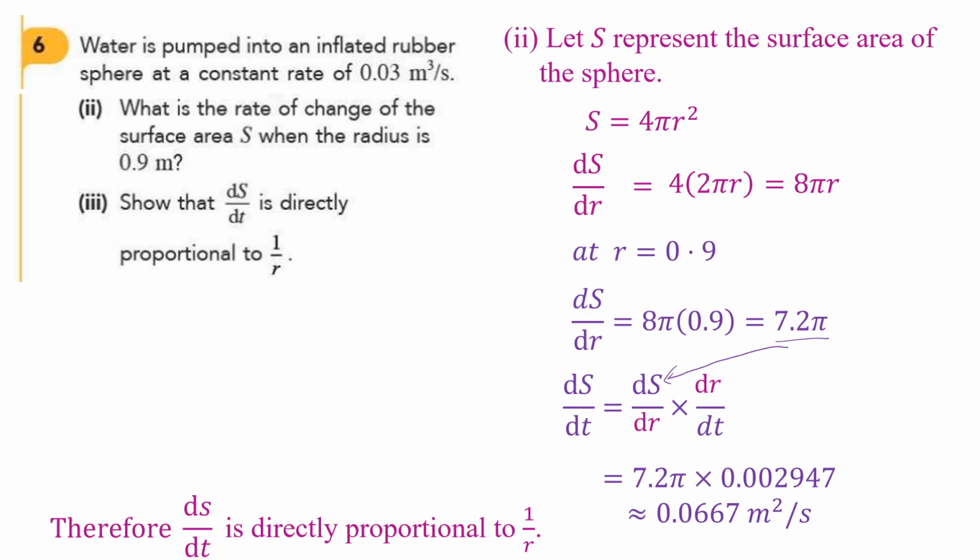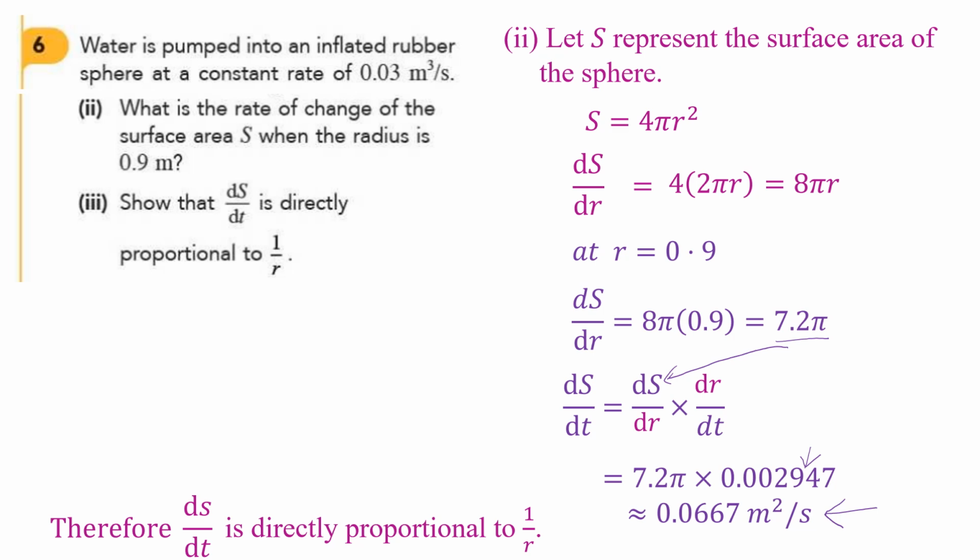But please do not use 0.00295, because 0.00295 is your final answer, expressed to 3 significant figures. For your working answer, it should be at least 4 significant figures. So you should be using 0.002947 so that you can get an accurate answer of 0.0667 meters squared per second for your rate of change of your surface area.